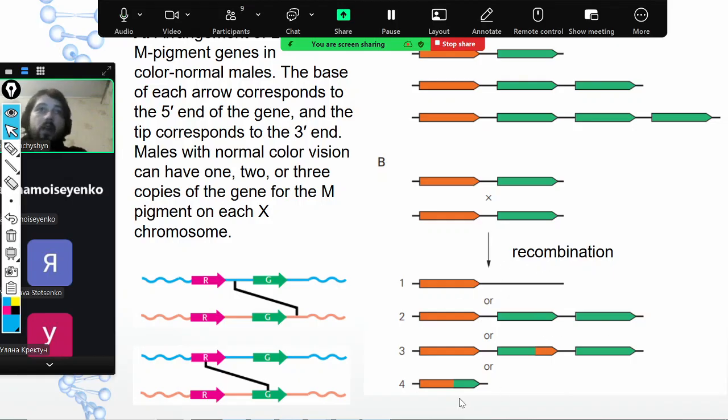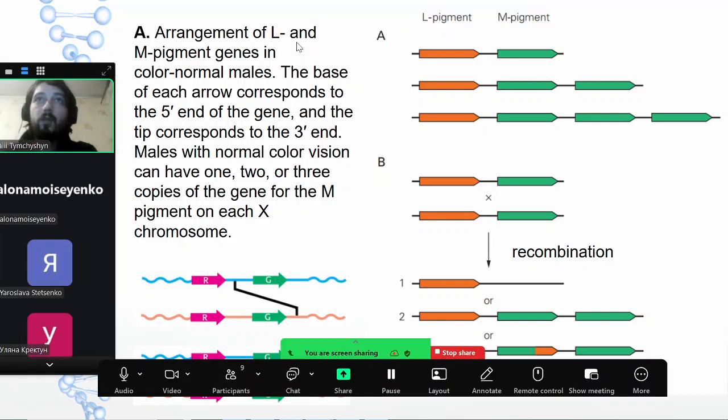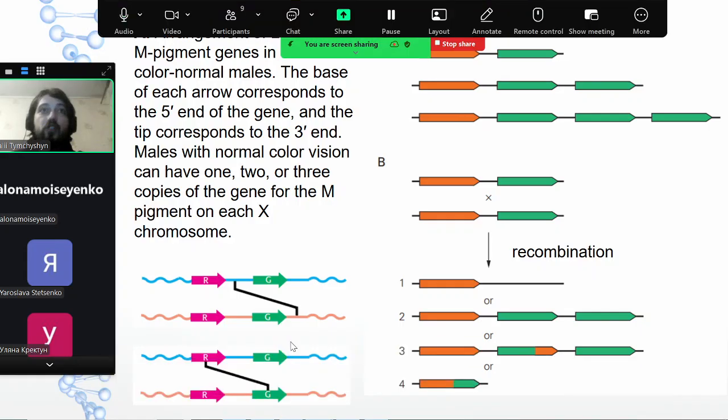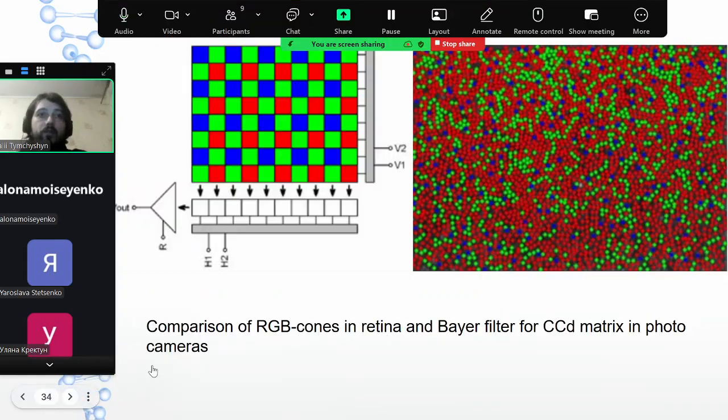So basically this is the main reason for color blindness. So this sort of rearrangement of that homologous recombination may lead to some problems with genes, like breaking them totally, and this is the case for color blindness.